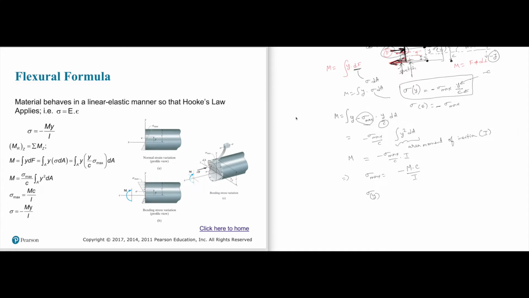We should use this formula, which is sigma as a function of y is nothing but negative sigma max, which is negative of negative Mc over I, times y over c. So we get sigma as a function of y is My over I.